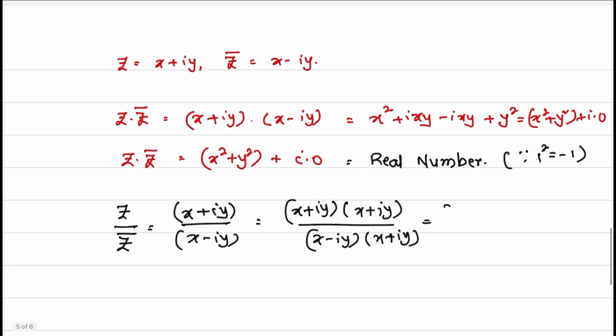This is equal to x square plus I into 2xy minus y square, because I square is equal to -1. Iy into iy is plus I square y square. I square is -1, hence minus y square comes. Here x plus iy into x minus iy is nothing but x square plus y square.